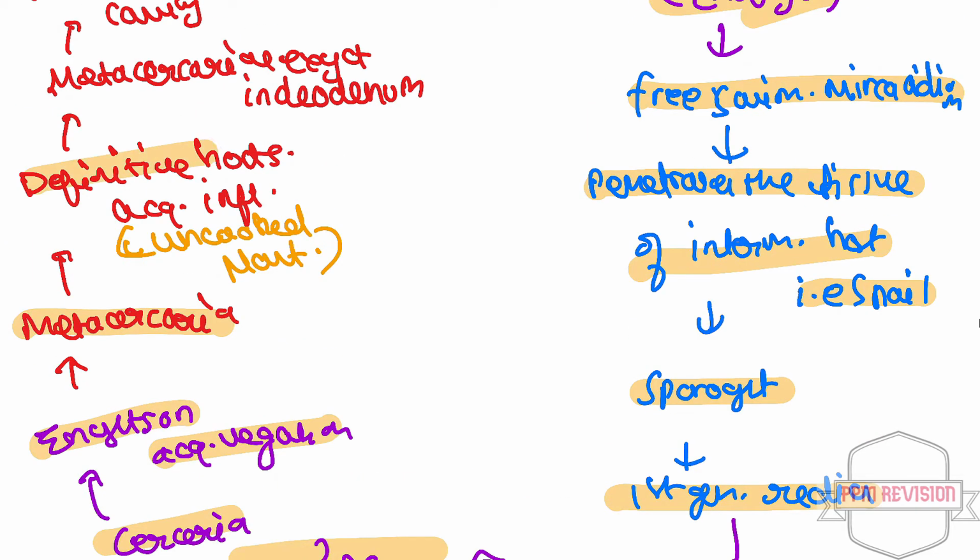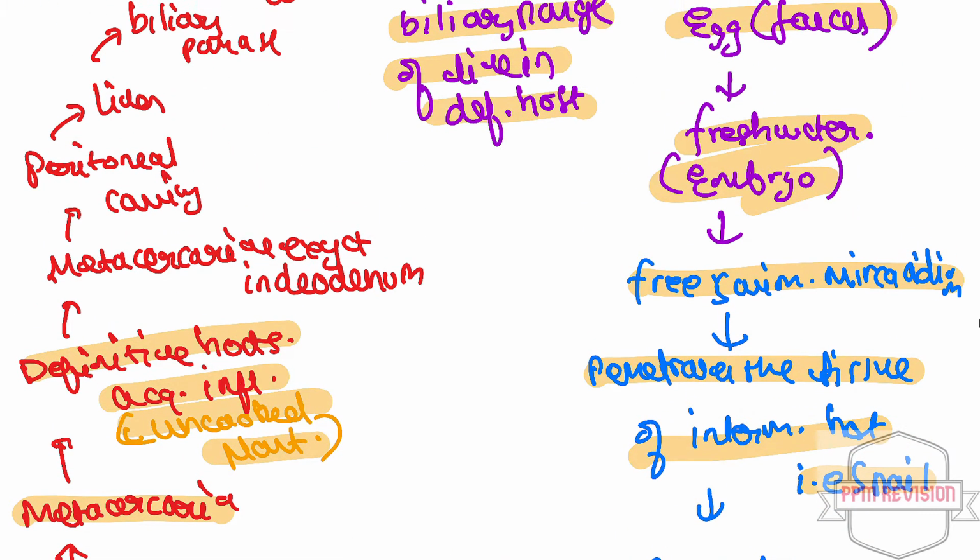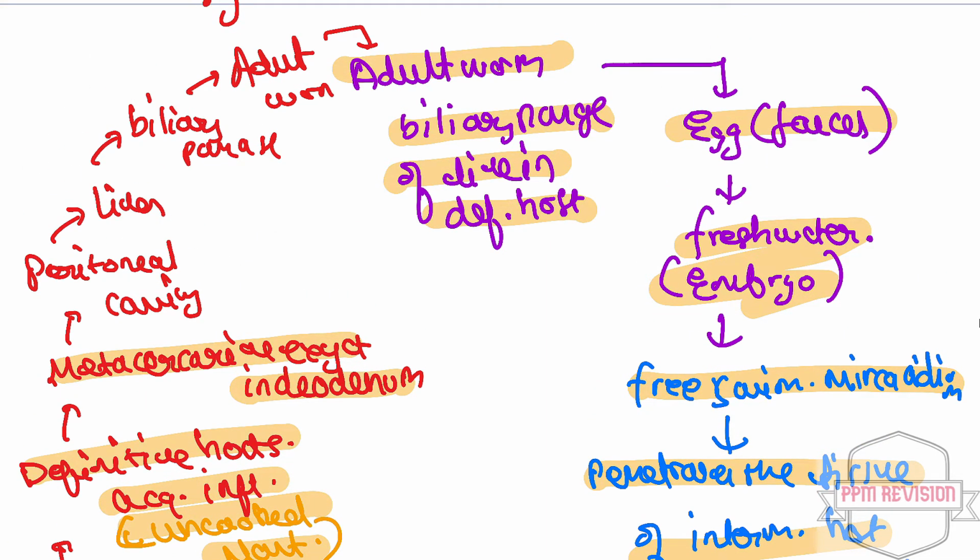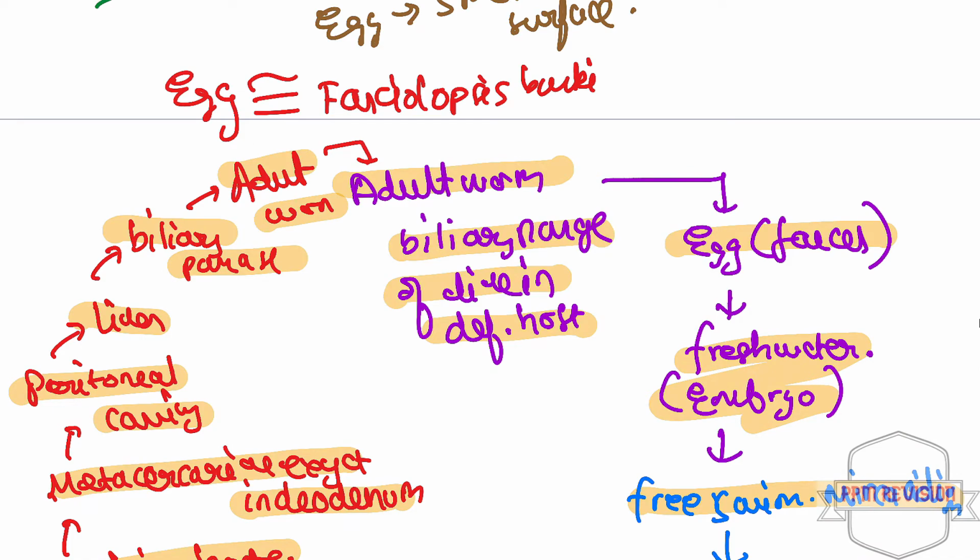Then the definitive host acquires the infection, and the metacercaria excyst in the duodenum and move on to the peritoneal cavity and go to the liver, biliary passage and become adult worm.